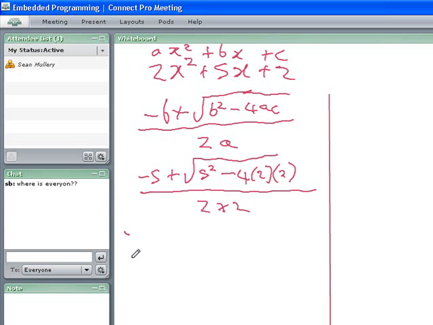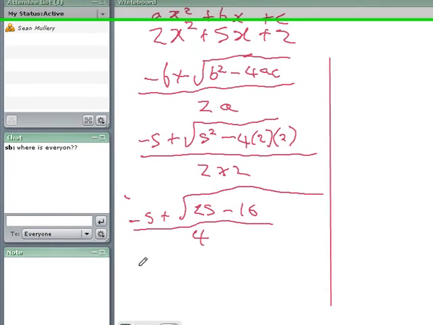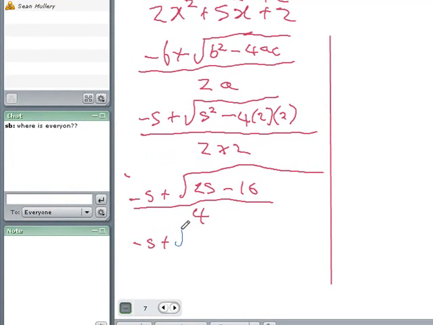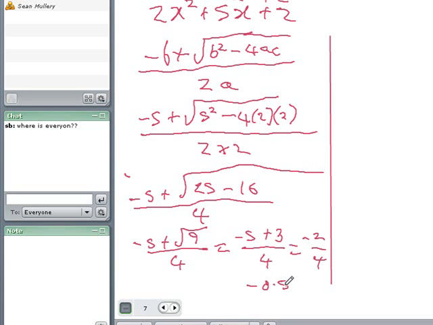So altogether this comes out as minus 5 plus the square root of 25 minus 16, all over 4. 25 minus 16 will give me 9, so I have minus 5 plus the square root of 9, all divided by 4, so that's minus 5 plus 3 over 4, which is going to be minus 2 over 4, which is minus 0.5. Okay, now that's the first one, that's the first root.